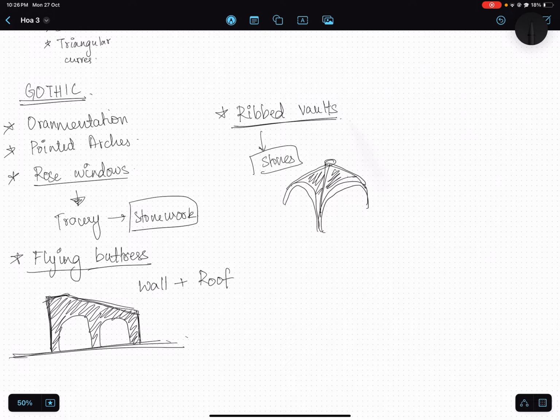So they went ahead and had very complex vaults such as quadripartite vaults and sexpartite vaults. Oh sorry, these are vaults, I'm so sorry.